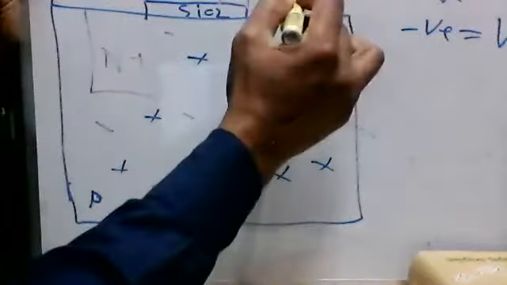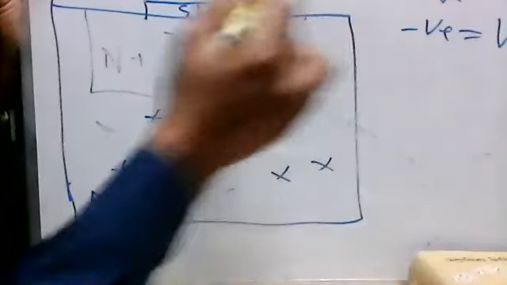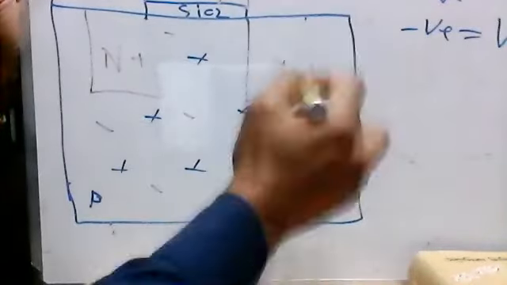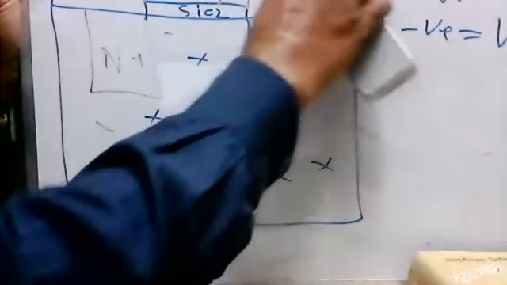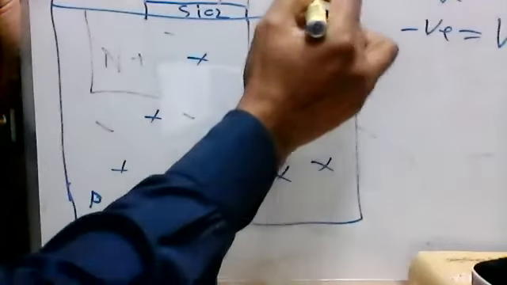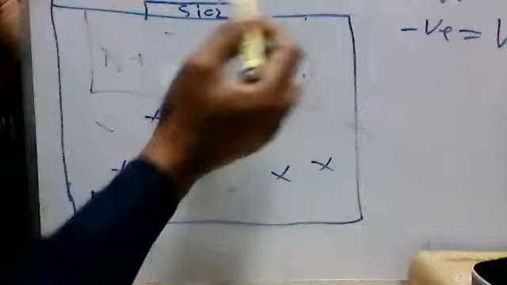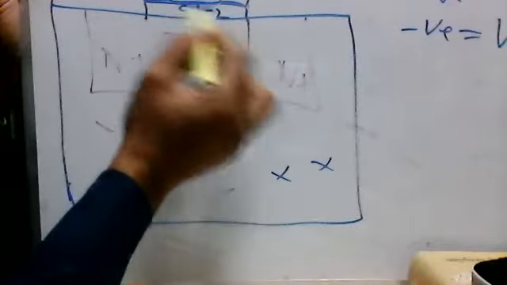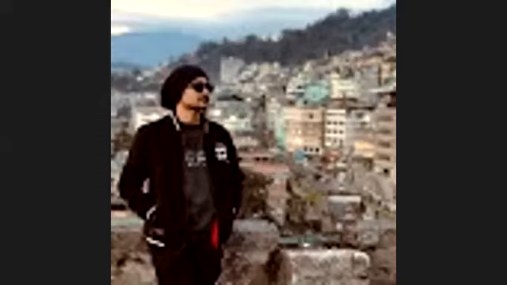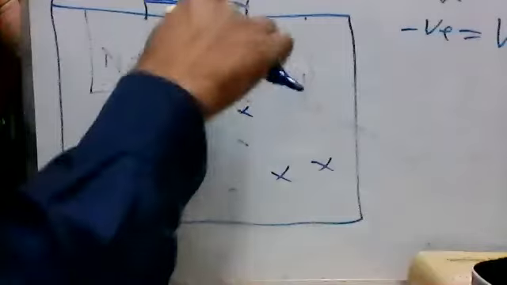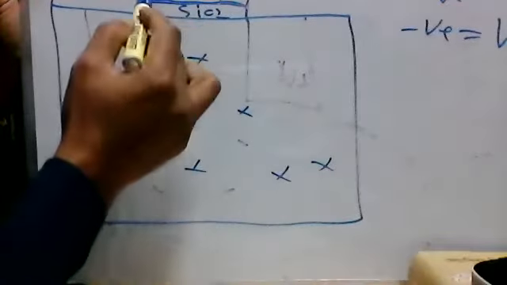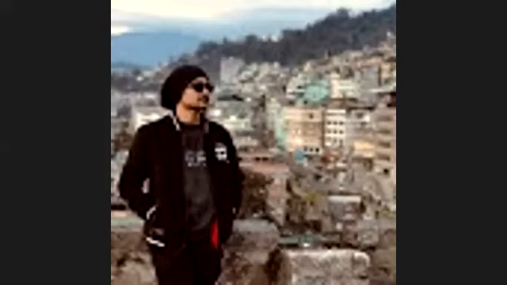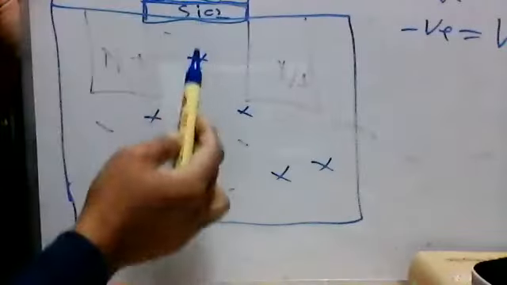So we apply a positive voltage here, VDD, right? If we apply a positive voltage, what will happen? So this whole poly will be positive, the whole thing will be positive. And now, because silicon dioxide, as I mentioned, is an insulator, the electrons cannot cross.